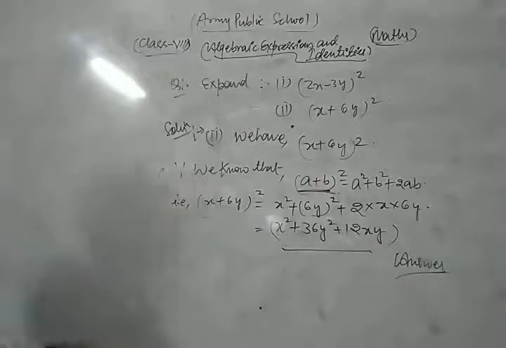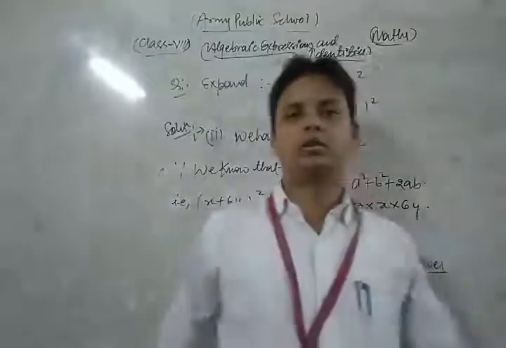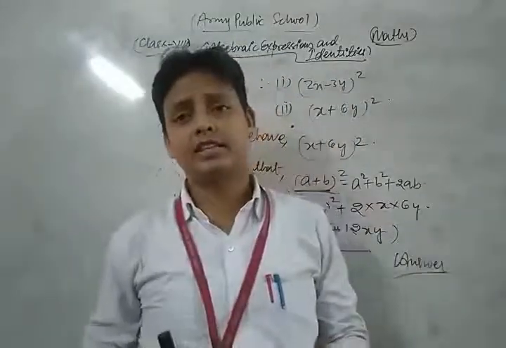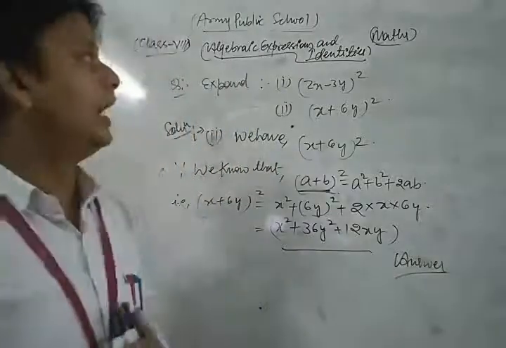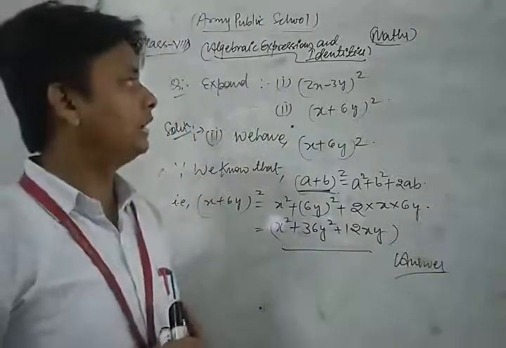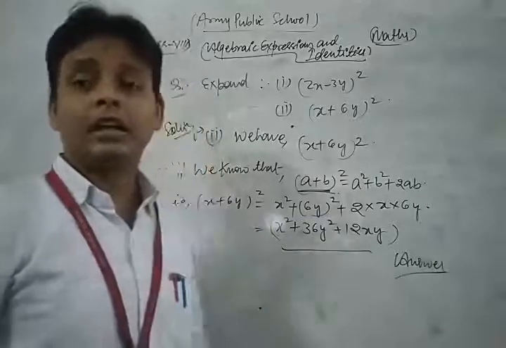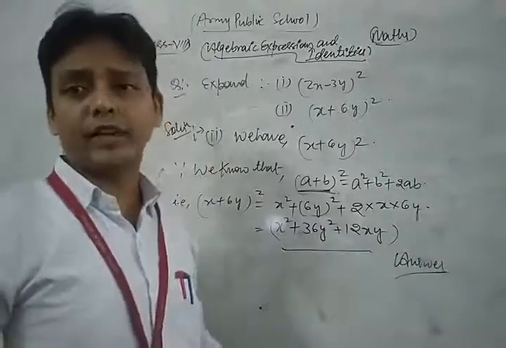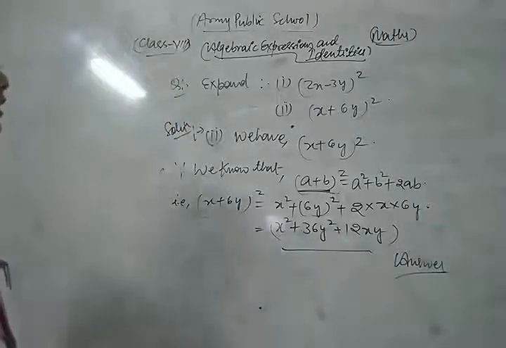Okay, so in this way you can solve some important questions of your NCERT exercise based on the topic algebraic expressions and identities, because these are very important chapters of your syllabus.